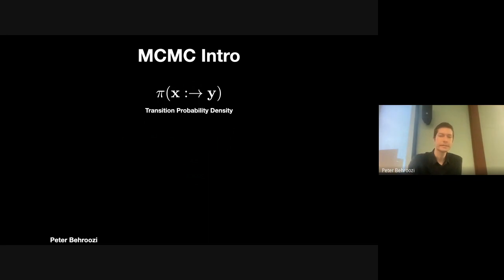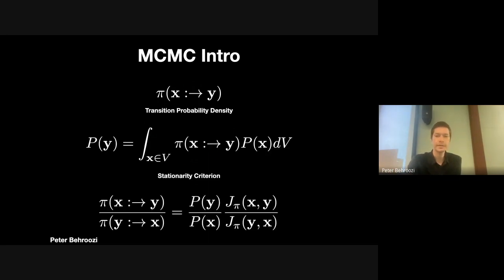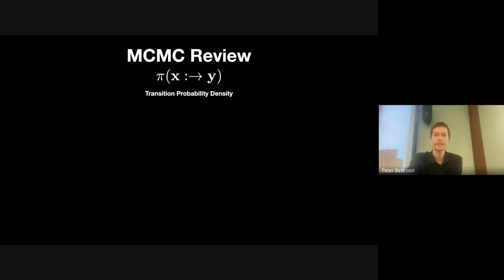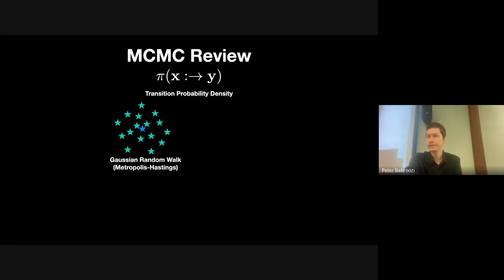I'm going to skip this math because it's not immediately relevant, and people can ask questions about it later if they're interested in how the general algorithm works. The most common methods people use are random walks like this: you start from a point in parameter space, pick a random direction, and take a random step in that direction.